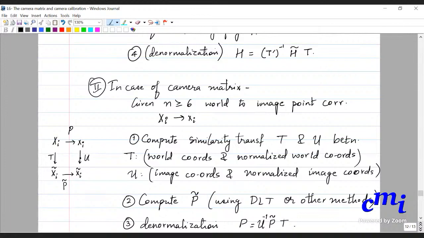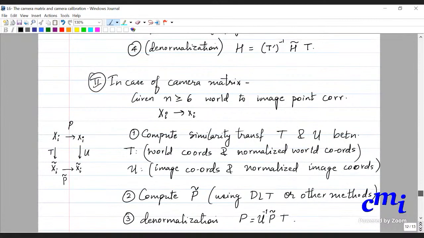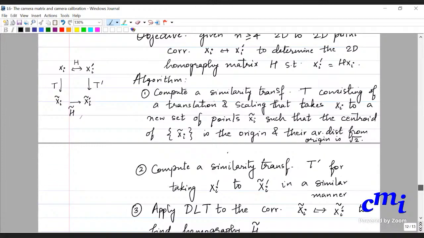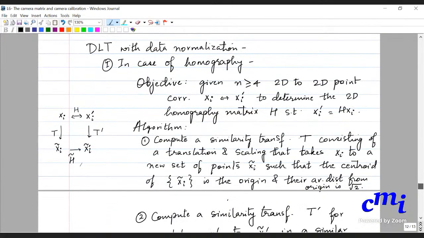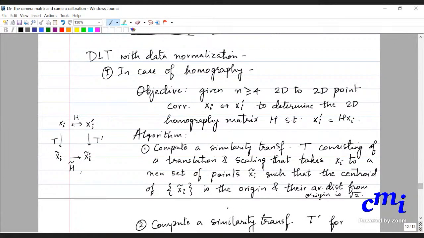You compute P tilde here with the normalized data, and then you can get P by applying the maps appropriately: U inverse P tilde T. That will give you the required camera matrix P. Why do you want to do this long step? To improve accuracy. Essentially this normalization improves accuracy, and so this step is done. That was just a remark, but I don't think you will do this data normalization by hand.